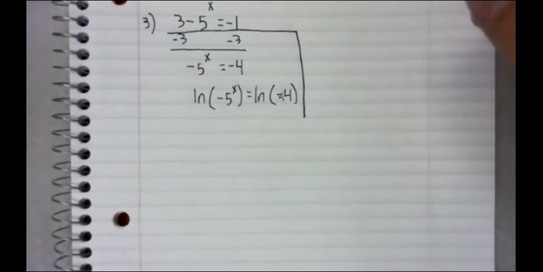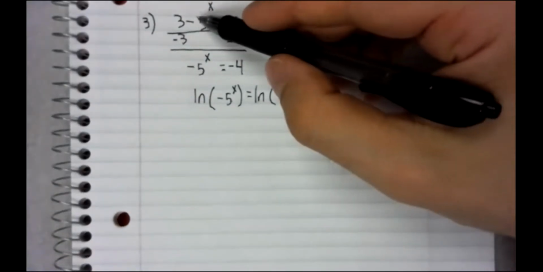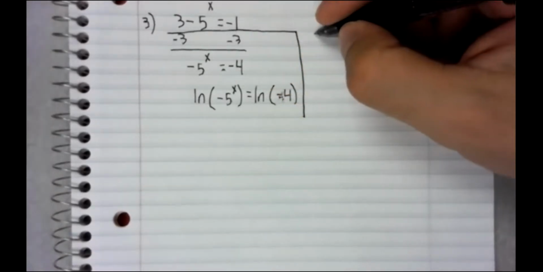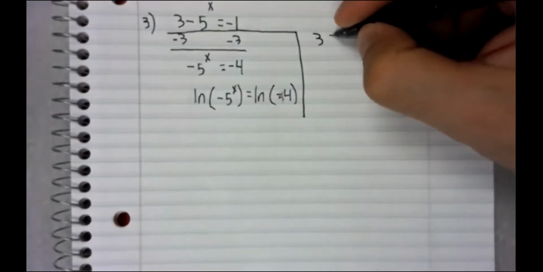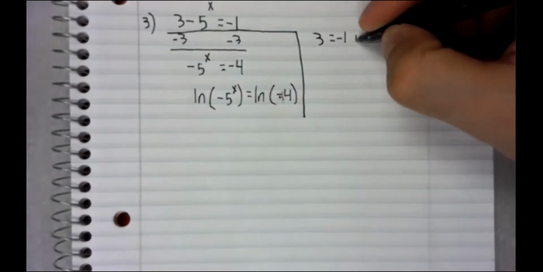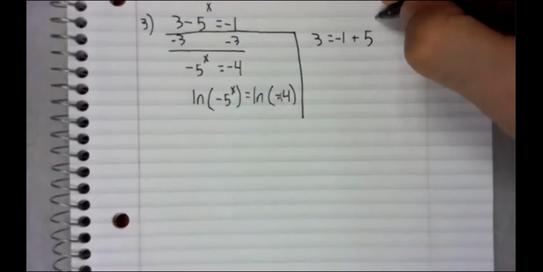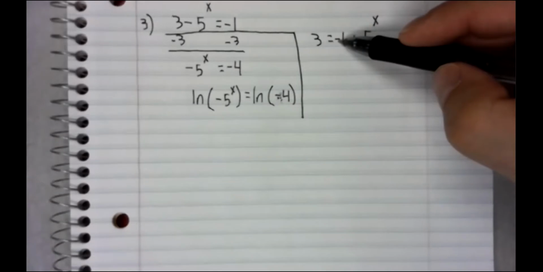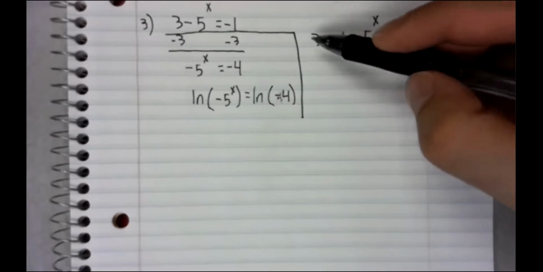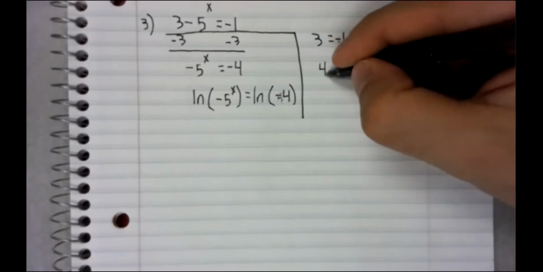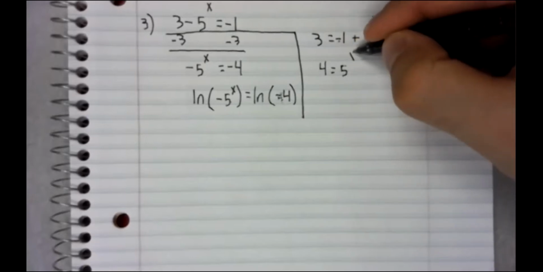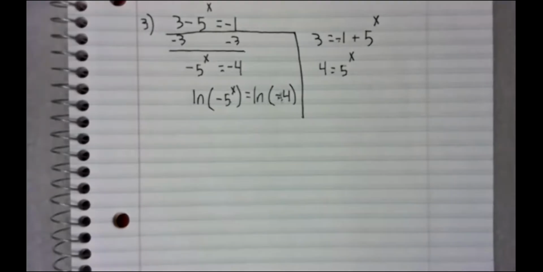What we could do instead is take this -5 over to the right, and then it's positive. And we can take this -1 over to the left, and then it's positive.